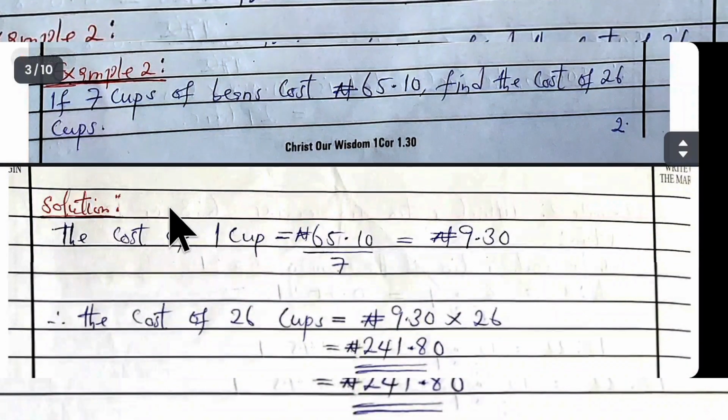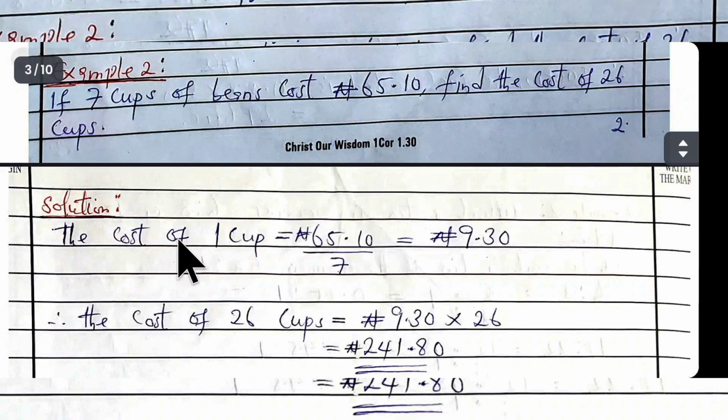All right, this is just like a practical question. We need to find the cost of 1 cup first. If 7 cups of beans cost this, one of it will cost what? By the time you know the price of one, you can now know how much 26 cups will cost.